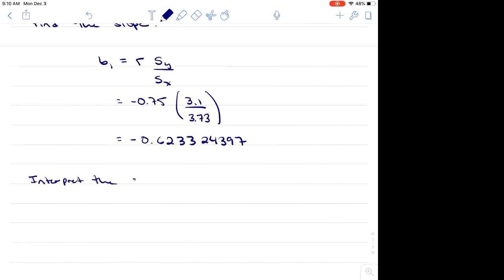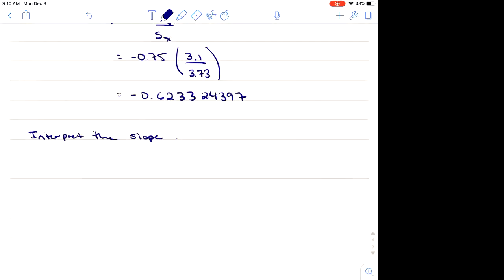Interpret the slope. Each unit increase in x, right? So remember, we're just applying the definition of the slope to this particular problem.